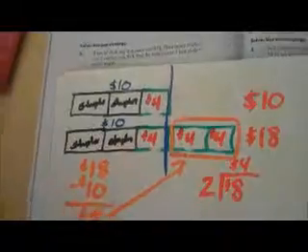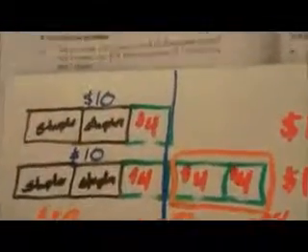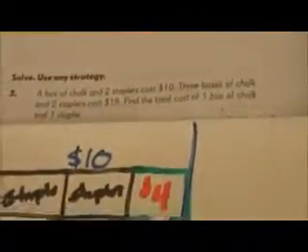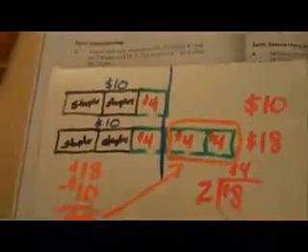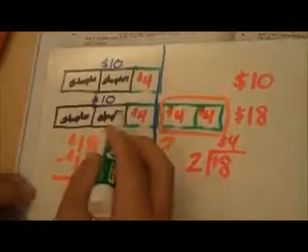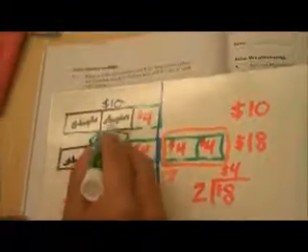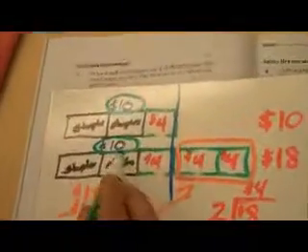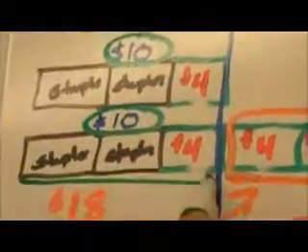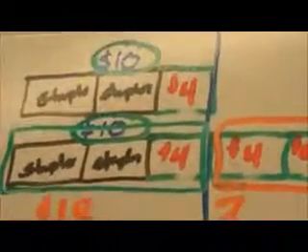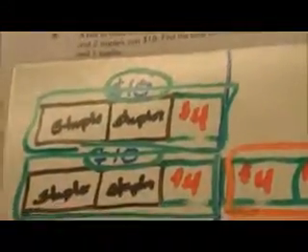The original question asked how much is the total cost of 1 box of chalk and 1 stapler. Well, we know the box of chalk is $4. But now that we know this, I'm going to circle the $10 on each of these. If we know that this whole thing is $10 and this whole thing is $10, we already know that $4 is part of it.